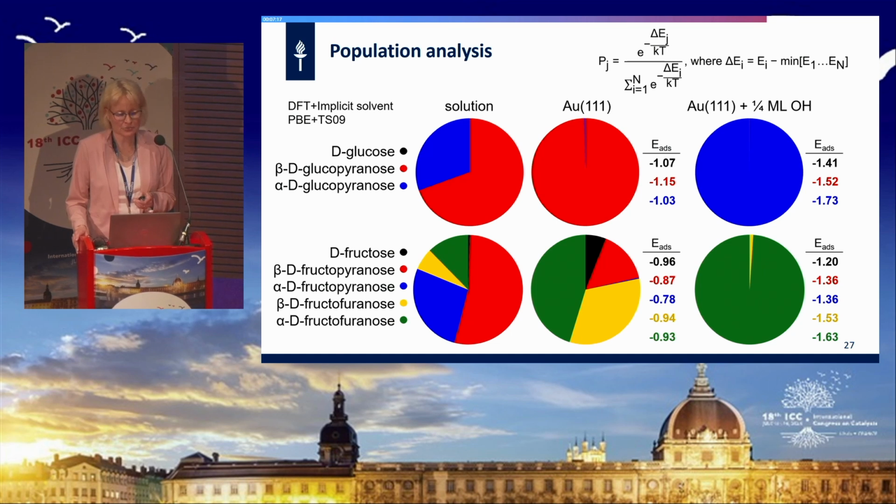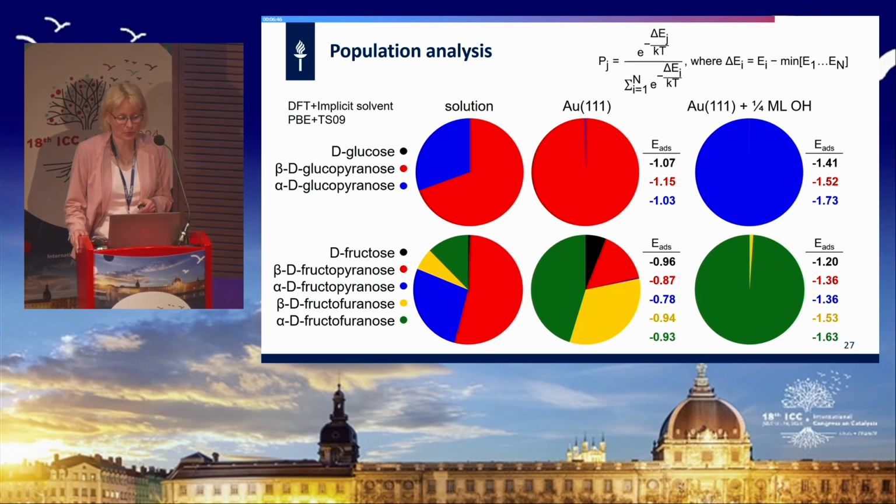Population analysis shows that in the solution phase, the alpha tautomer is favored over the beta, in line with the experiments. On the surface, it's the beta that is favored on the bare gold and the alpha that is favored on the hydroxylated surface. And then the fructose, which is the isomer, also shows different populations.